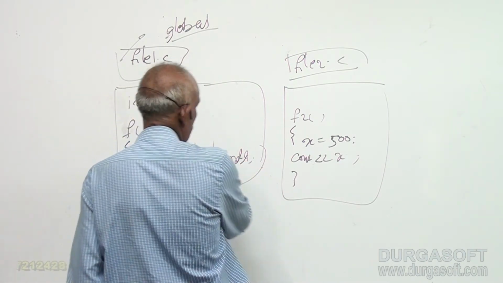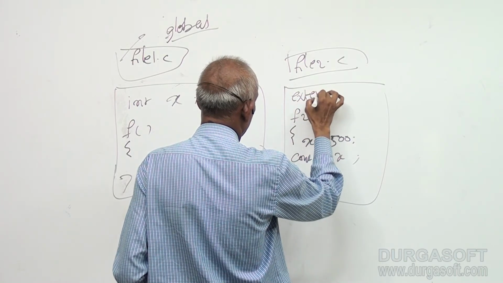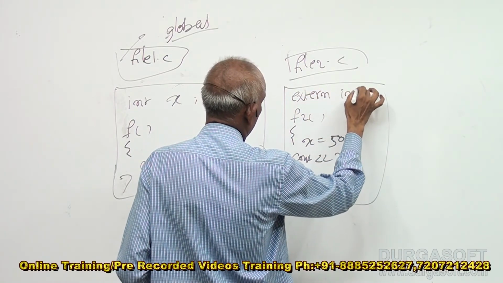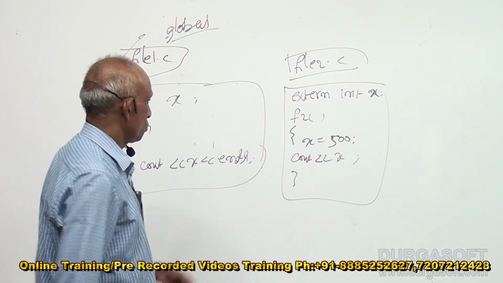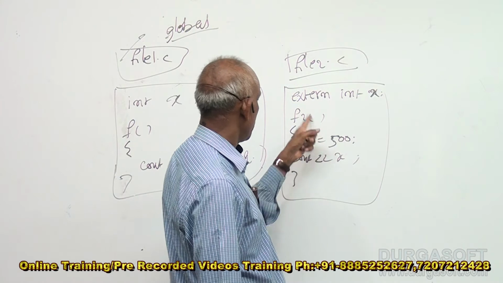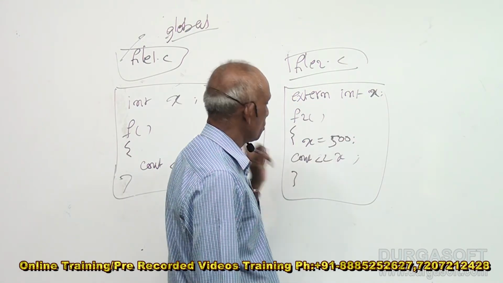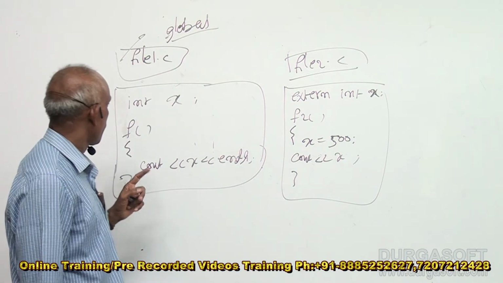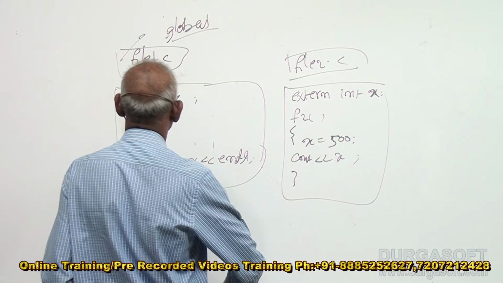So how do I use this variable in this file? I declare here extern int x. So this function is using a variable x which is defined in the other file, so it says extern int x, then uses it. This is one case of an external variable.